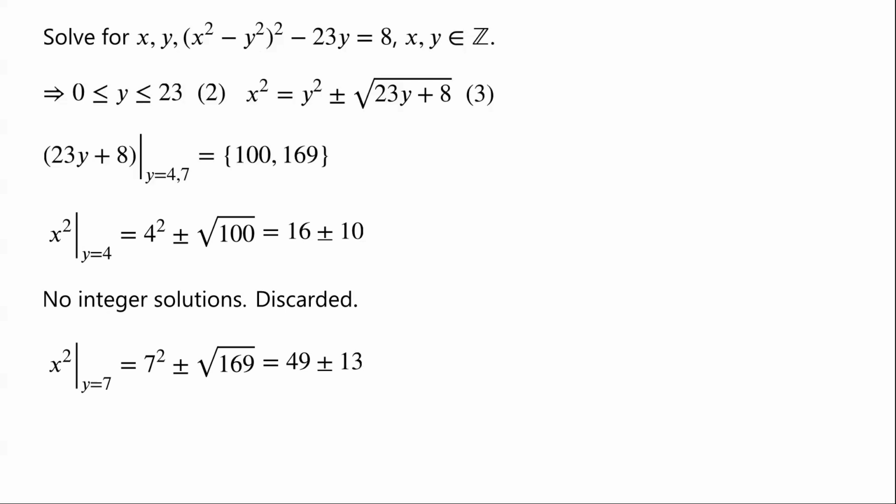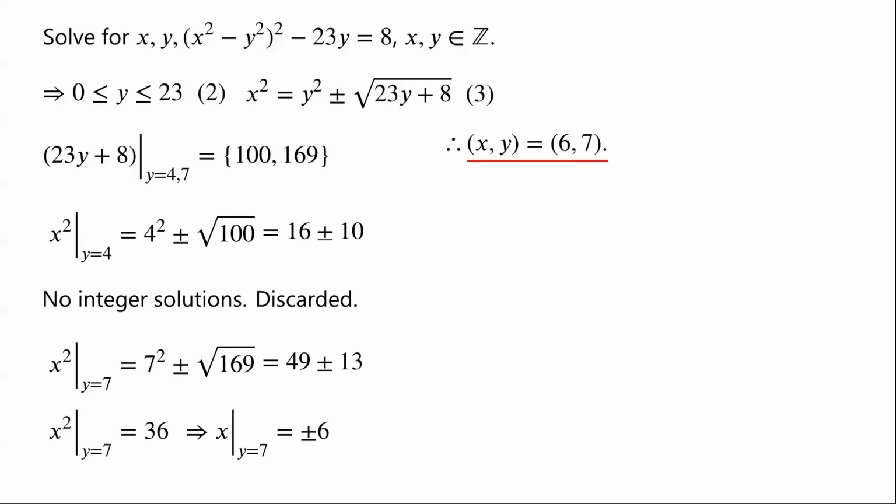So x² either equals 36 or 62. 62 is not a perfect square, so x² equals 36. So x equals ±6. As we assumed that x is greater than or equal to 0, x equals 6. Therefore, (x, y) equals (6, 7).